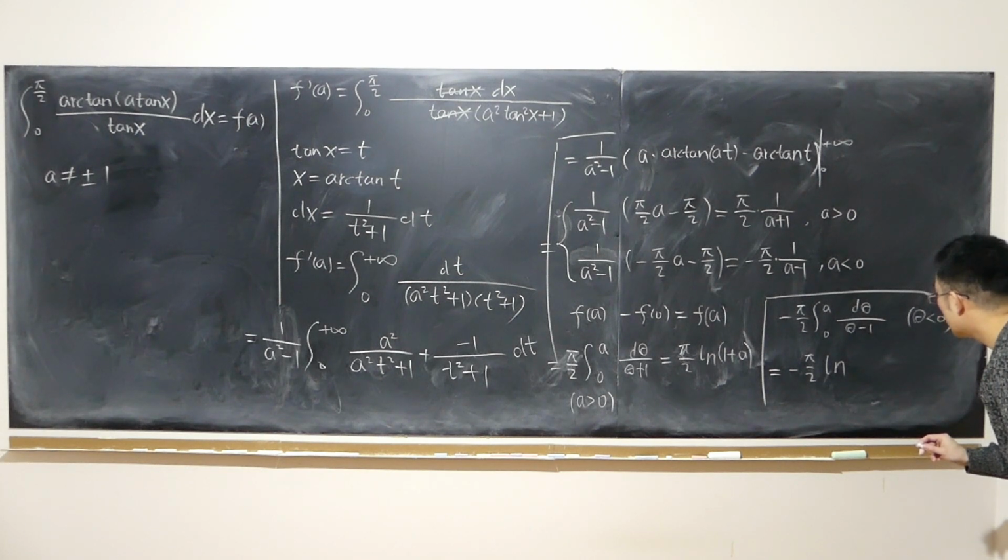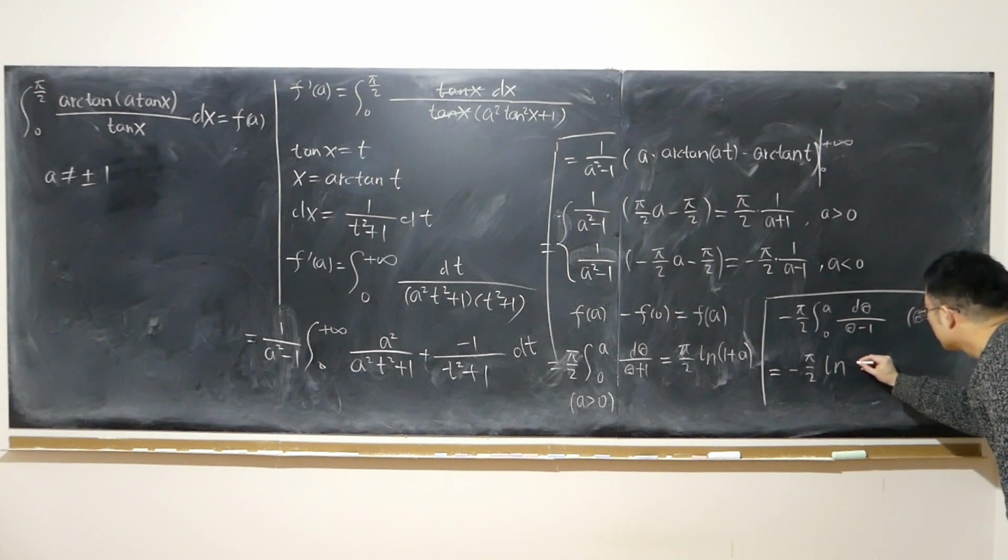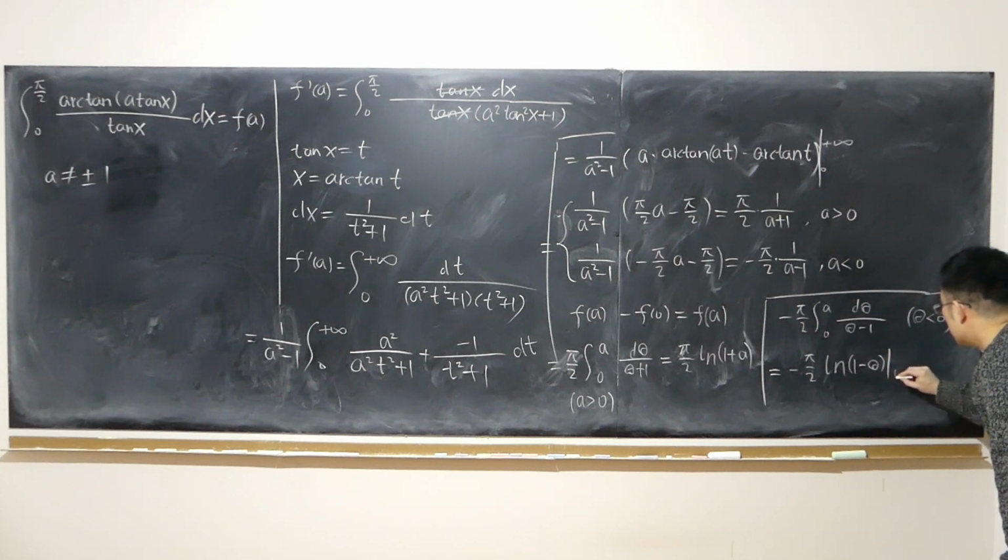The antiderivative is theta minus 1, but theta is negative, so the whole thing is negative. To use the absolute value, I have to change the sign, so just 1 minus theta, from 0 to a.